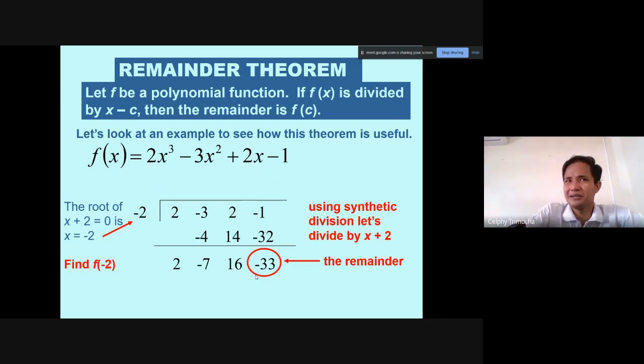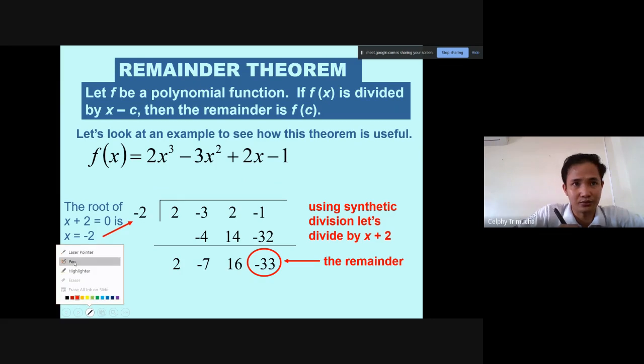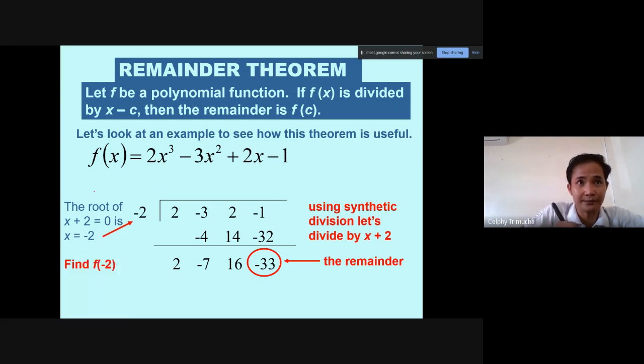So you can do it by the remainder theorem, which is a bit easier compared to synthetic division and the long method. You just substitute values. If what you are dividing by is x plus 2, check whether it is a root or not. So x plus 2 equal to 0, then x is equal to negative 2.